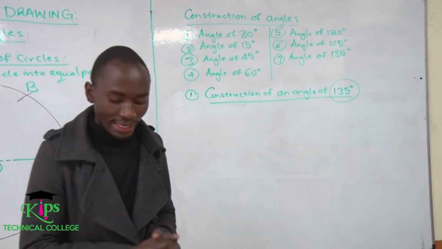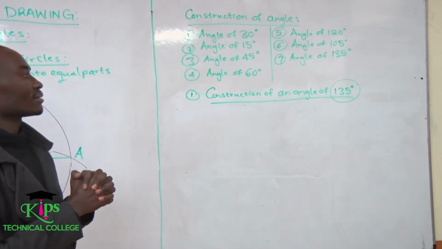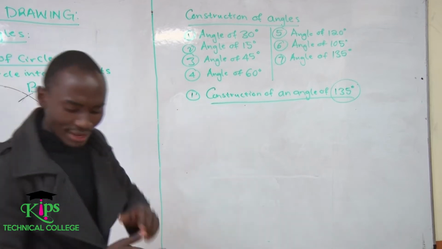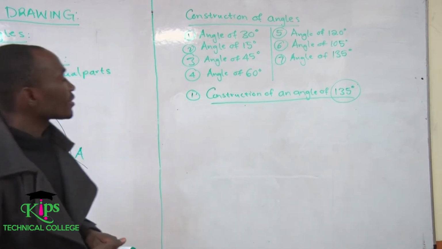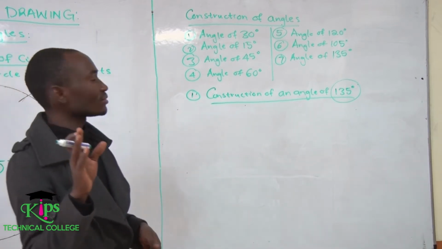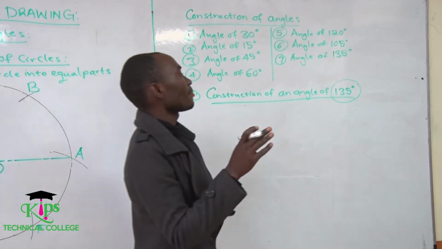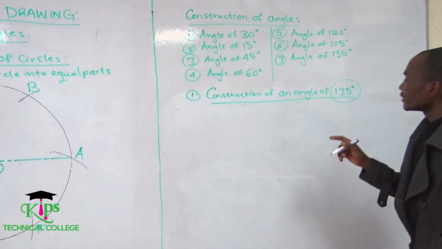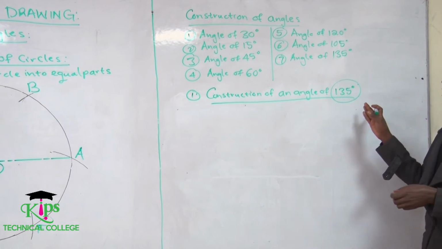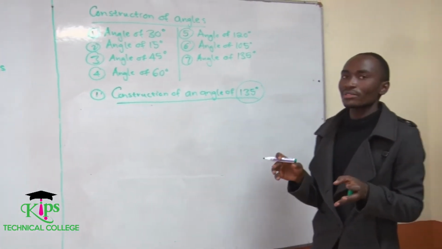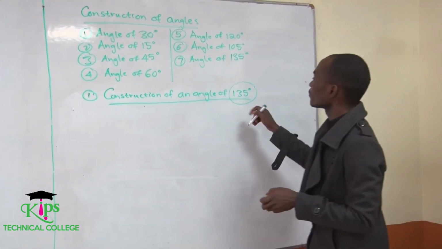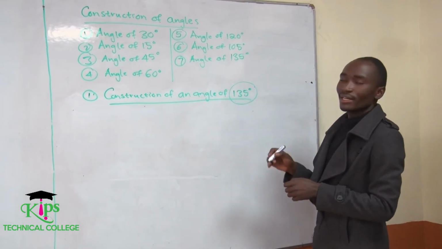So let's construct the angle of 135 degrees. For instance, if somebody tells you to construct an angle of 135 degrees, there are a couple of angles which have been combined for you to arrive at 135.